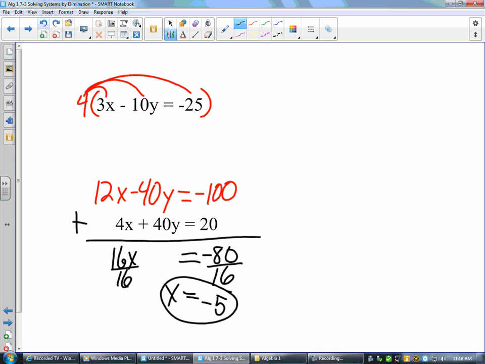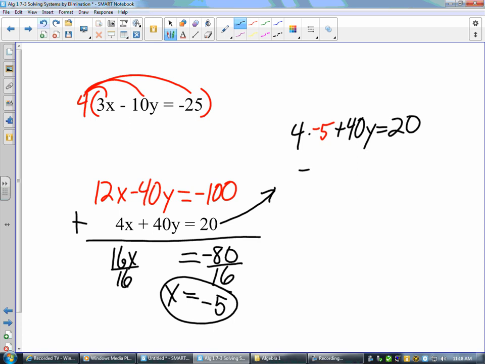Once we know that, pick one of my originals and plug it back in. I'm thinking, let's go with the positives. Let's go with this one right here. So 4 times, I know x is a minus 5, plus 40y equals 20.